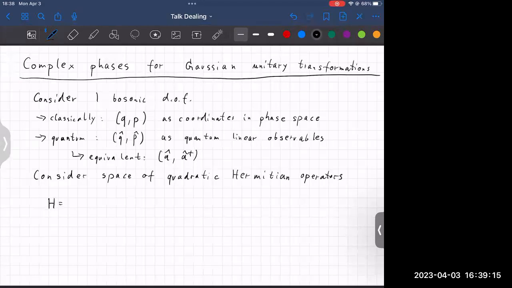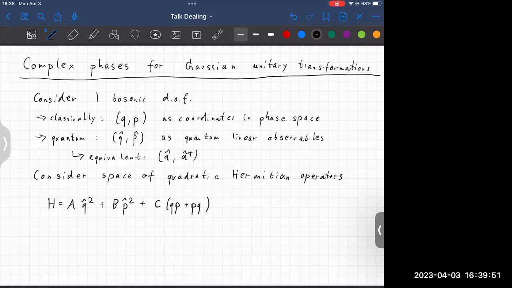So quadratic means I can have something like, let's have a real number A times Q squared plus B times P squared. And then we can, of course, also have something else, Hermitian, which we can write as QP plus PQ. Now that's the third operator that's also Hermitian and quadratic.